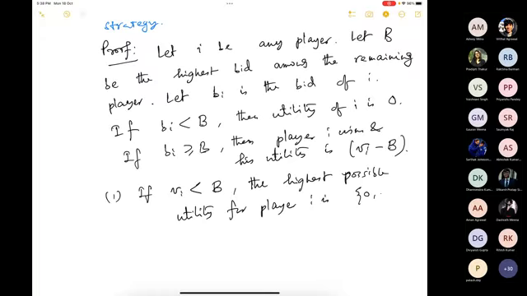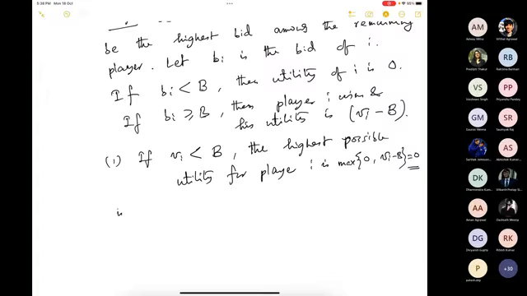And if it loses, its utility is 0. And if I take max, this is 0. Now, in this case, when Vi is less than B, if Bi equal to Vi, then it loses and it receives its highest possible utility, which is 0.